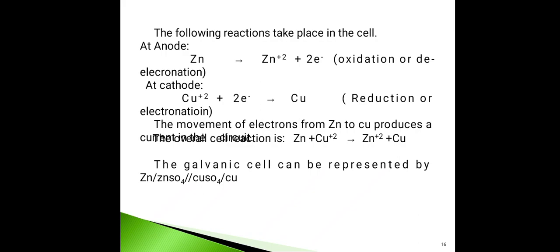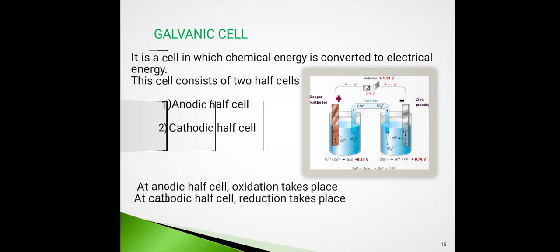Here there are two electrodes we are taking. A zinc electrode is immersed into the electrolytic solution of zinc sulfate. If you look at the diagram, we can see clearly a zinc electrode is immersed in the electrolytic solution of zinc sulfate, and a copper electrode is immersed in the electrolytic solution of copper sulfate, and both the electrodes are connected to the external circuit called battery or voltmeter.